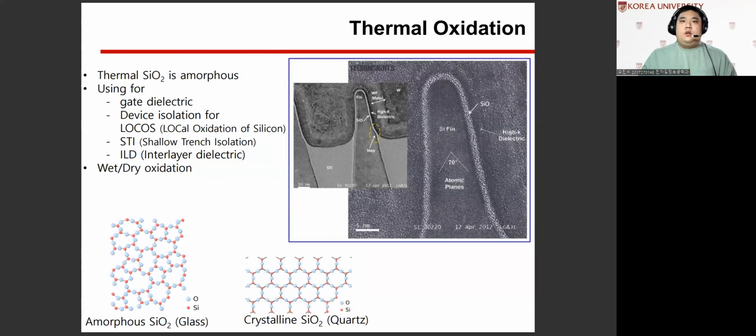To oxidize the materials, we use some kind of oxidation process. Normally, the thermal oxidation process is widely used. This is because we can grow oxide on the silicon with heat and oxidizing materials such as oxygen gas or H2O gas.